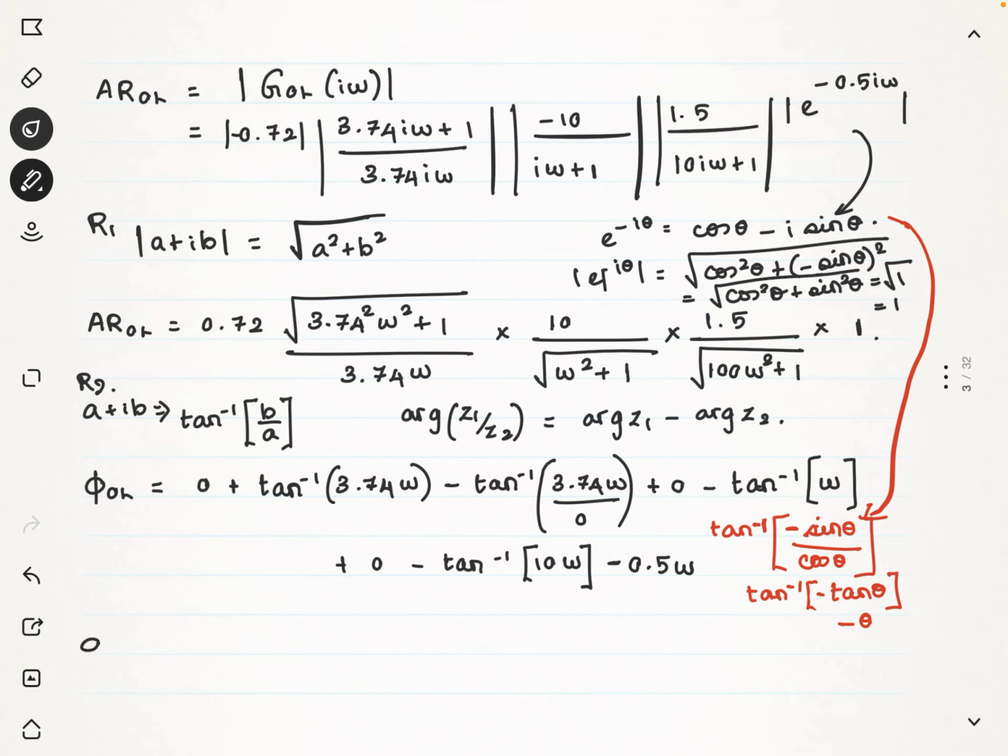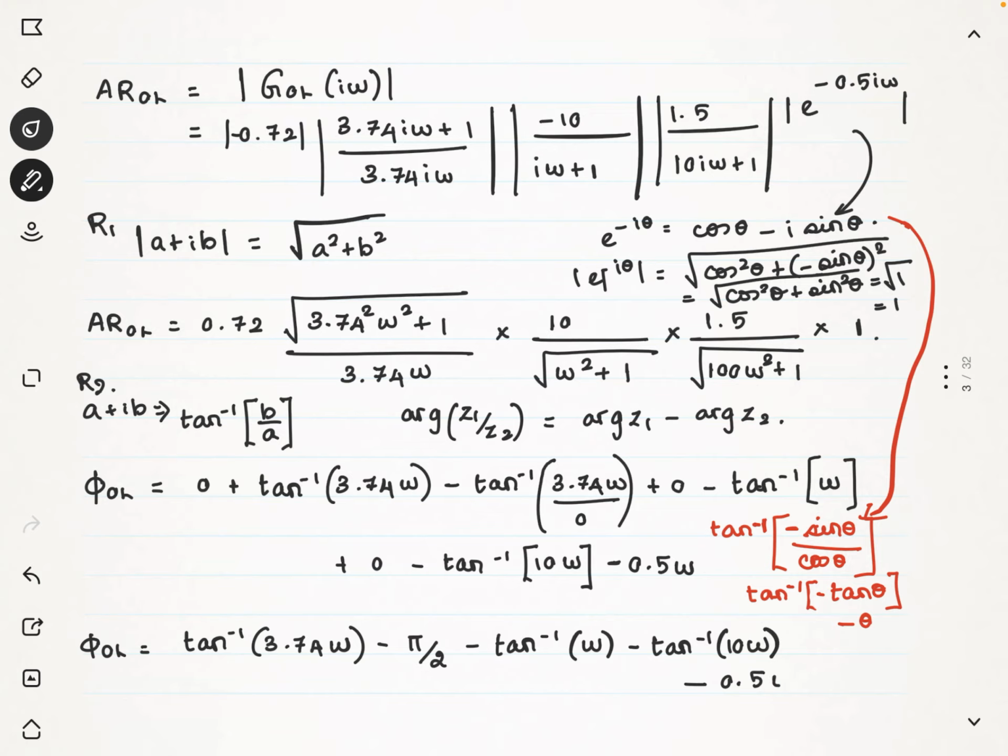So if you write everything down, tan inverse 3.74 omega. So tan inverse of infinity is pi by 2. So I'm just substituting, and then tan inverse omega minus tan inverse 10 omega minus 0.5 omega.